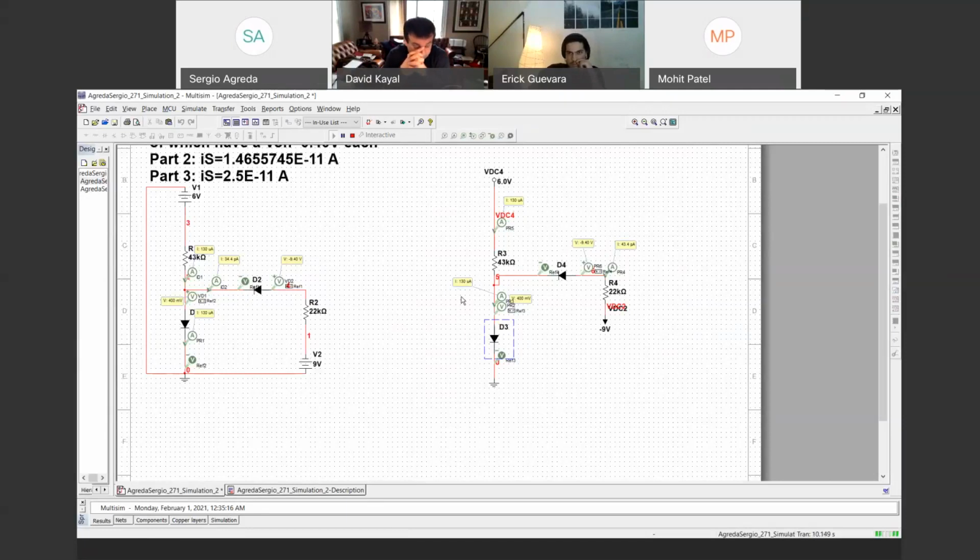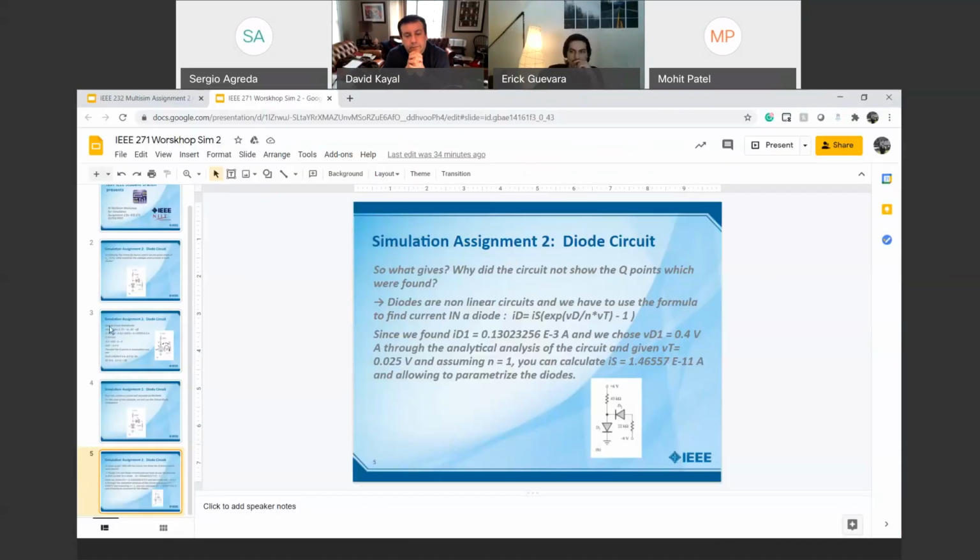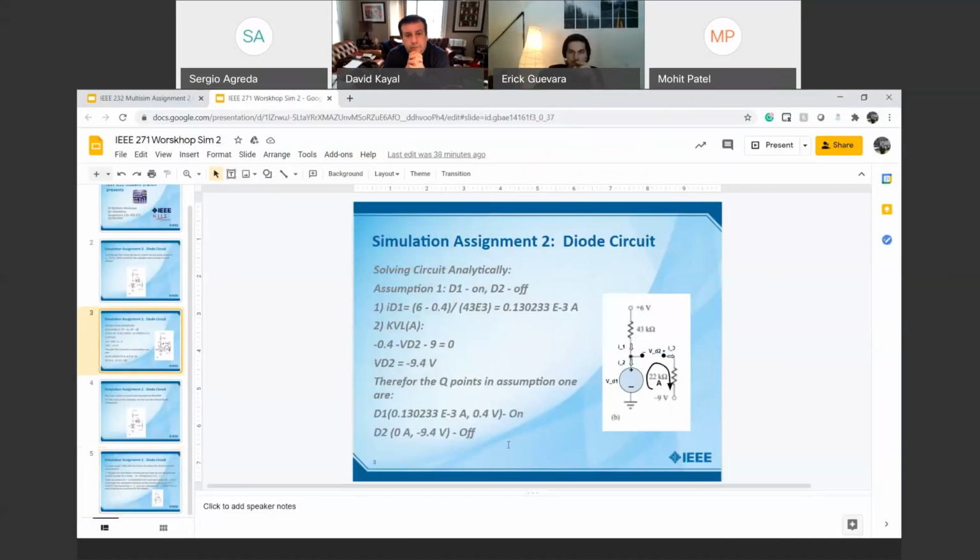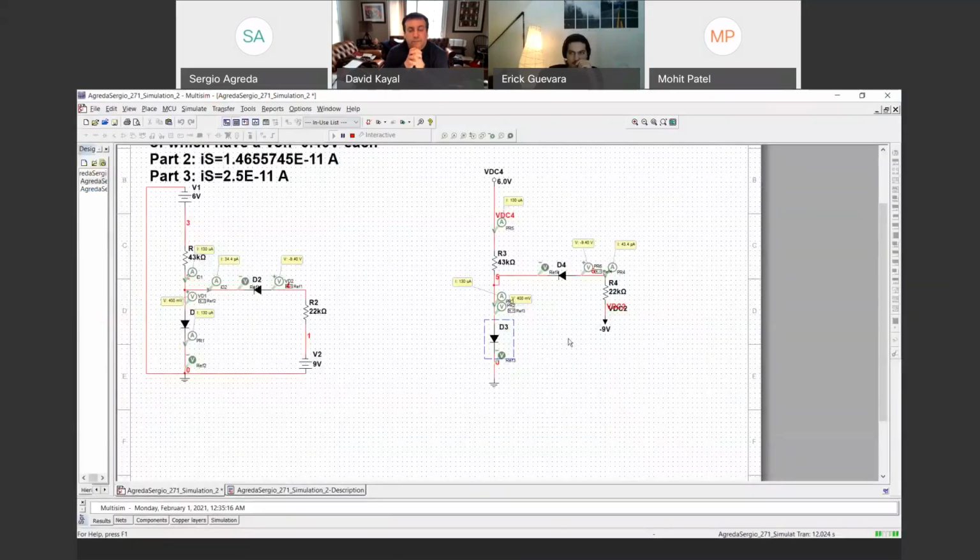You're trying to find out if what you calculated analytically would give you the same answers as a simulation. And the answer is sort of, at least to some extent, because a diode is a nonlinear component.